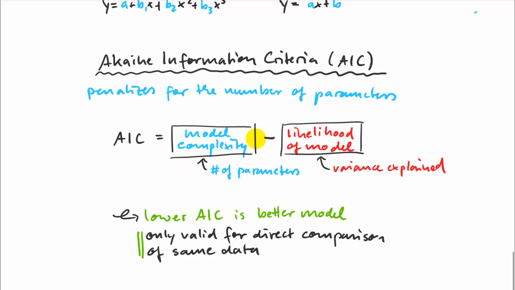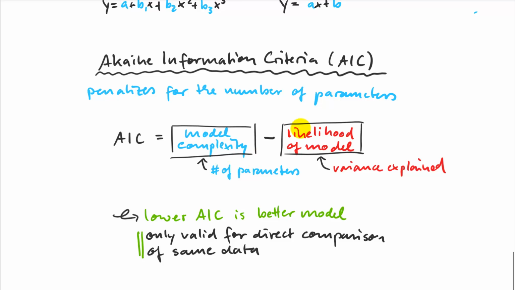It's a calculation that arrives at a model complexity value that's driven by the number of parameters that you put in, minus the likelihood of the model. So this is equivalent to the model fit or to the variance explained. The bigger this value is, the worse is your model. If you have a very complex model, that number will be big. And if your model fit is really poor, this number will be very small. So a lower AIC is a better model.